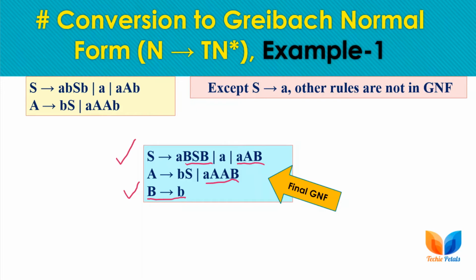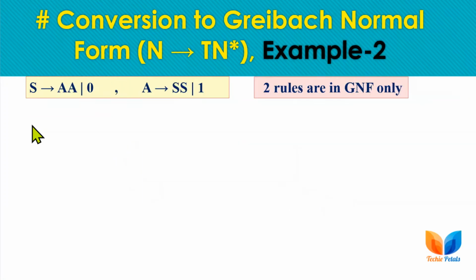This was the process like CNF conversion that we followed, because the grammar does not have any left recursion. If the grammar has left recursion, then we have to remove the left recursion by applying the left recursion removal rule that we have already discussed in the previous lectures. So let's come to the next example here.